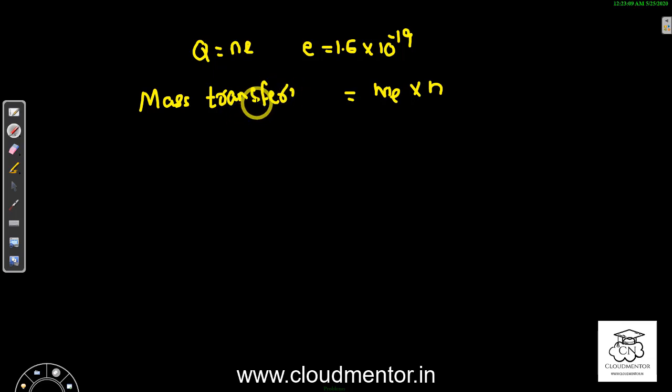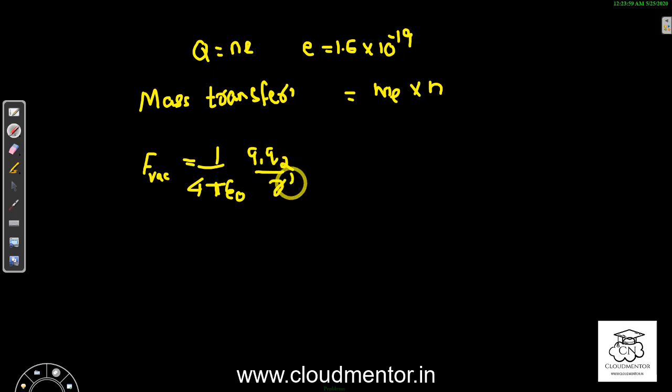So let's have some formulas from Coulomb's law also. From Coulomb's law, we have the force of attraction or repulsion in vacuum equal to 1 by 4 pi epsilon 0 multiplied by q1 q2 upon r square.